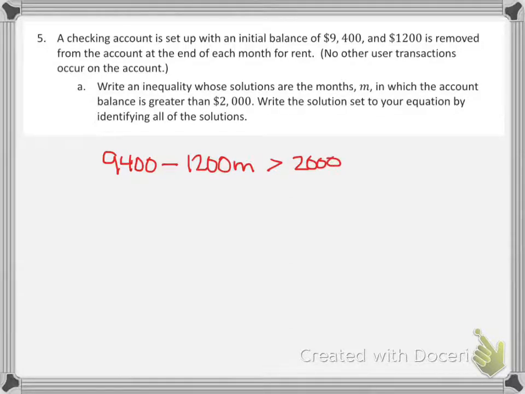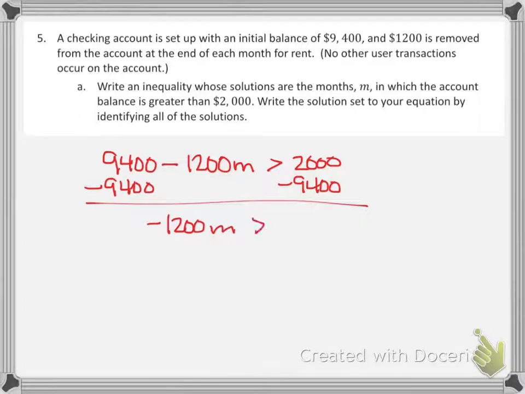So that's my inequality. And then it's just isolate the M. So subtract 9,400 from both sides. That gives me a negative 1,200 M is greater than 2,000 minus 9,400, which is a negative 7,400.